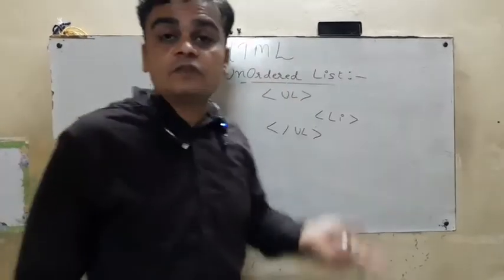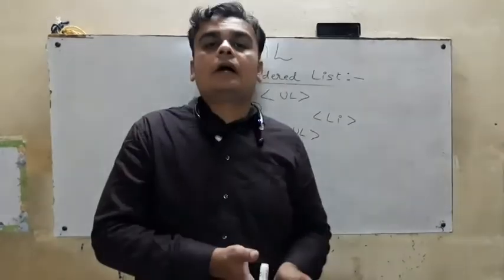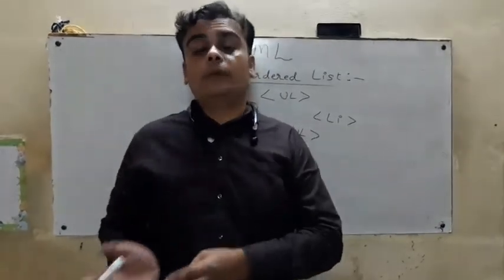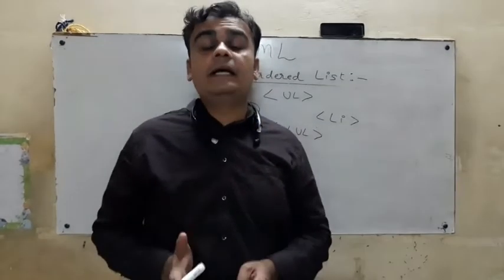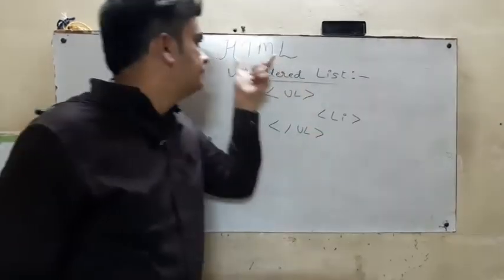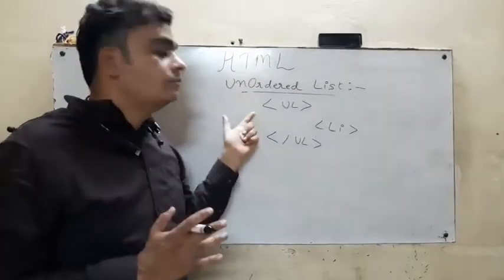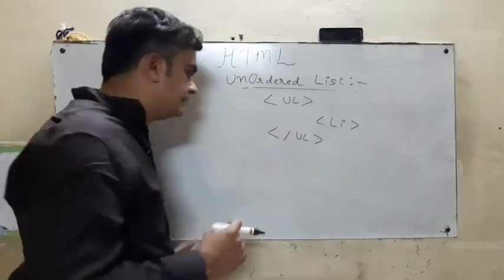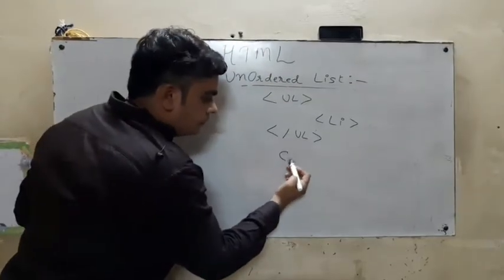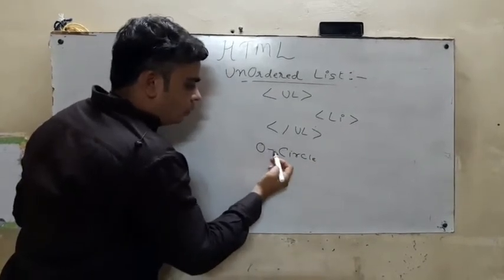Because sequence is not important, we cannot use 1 2 3 4 or alphabets A B C D or Roman numbers. Then how do I represent the elements? HTML provides 3 different symbols. These symbols are used to represent unordered list elements, and these symbols are circle, which is represented by a hollow circle.